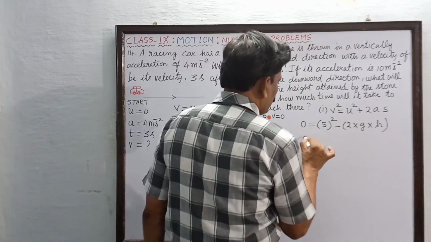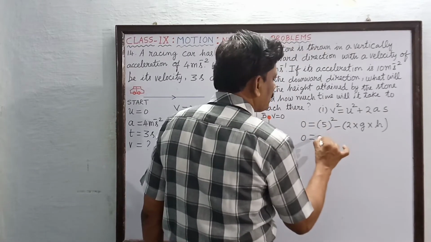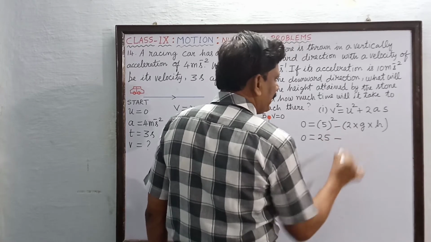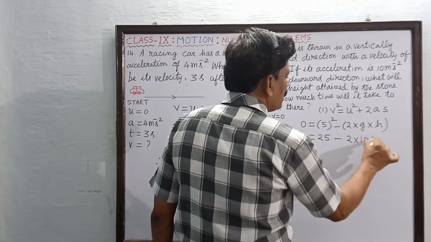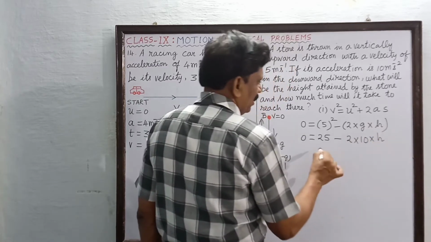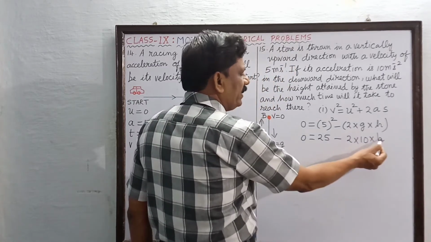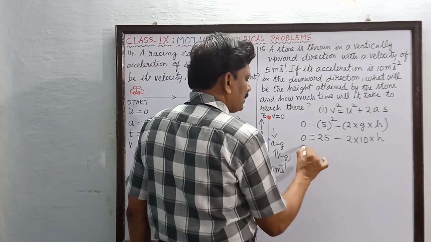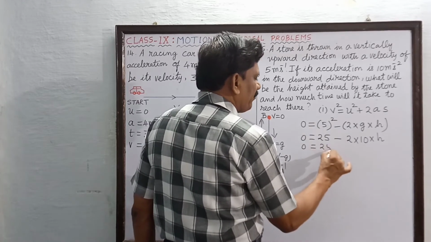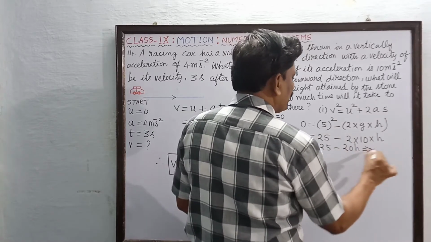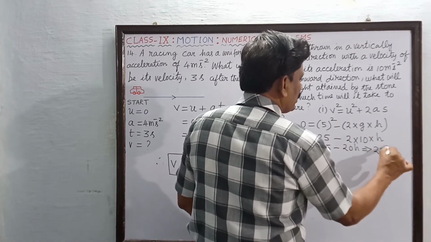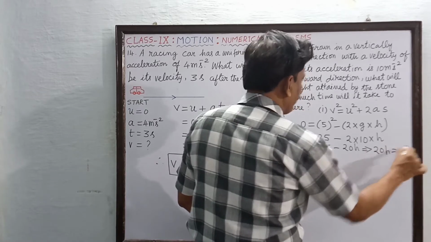0 is now equal to 5 square, which is 25, minus 2 into g, and g is 10, into h. So 2 into 10 is 20, 20h. So 0 equals 25 minus 20h. This implies 20h is equal to 25.